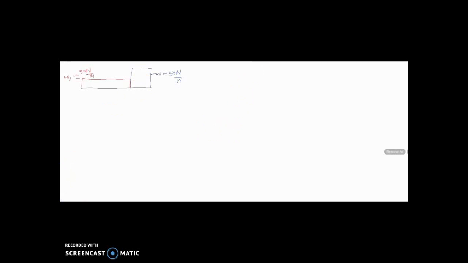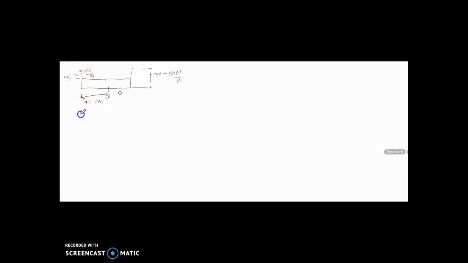And given that there is a center point here, which is at point O. It is also given the distance from here to here, distance A is equal to 1 meter.